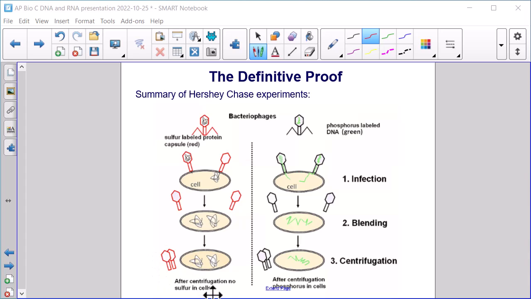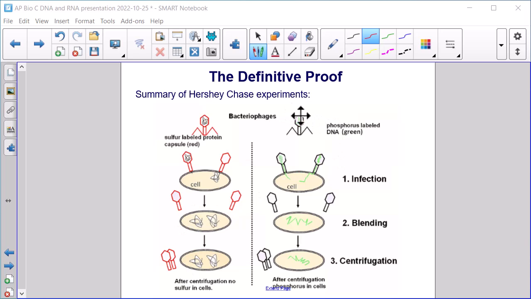After centrifugation, there's no sulfur in the cells, but the cells are able to replicate and become infected. Okay, so something is infecting the cells, but it is not a result of the protein capsule in red because there's no sulfur in the cells after we isolate them.